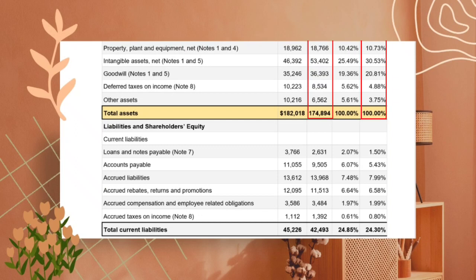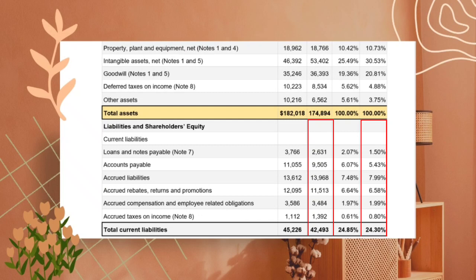Next is the other assets. We have 6,562. Divide it by the total assets of 174,894. After getting the total, we will multiply it by 100 so we can get 3.75%.